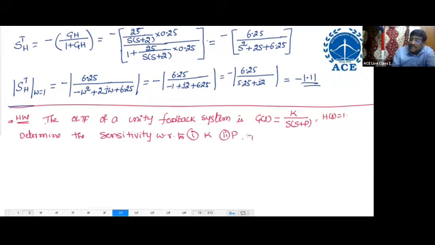The nominal values of K equal to 12, P equal to 3. Okay, solve it. We'll check the answers tomorrow.